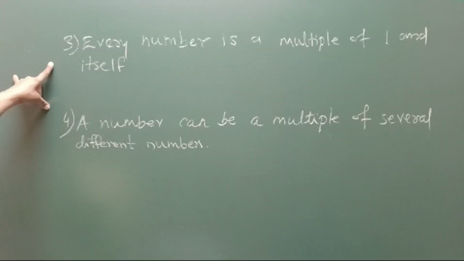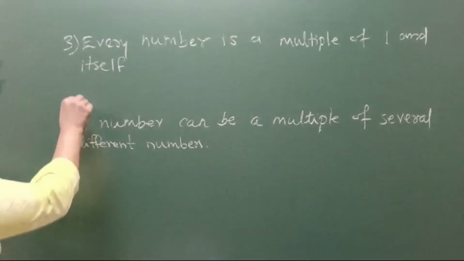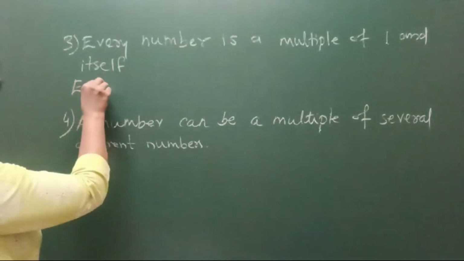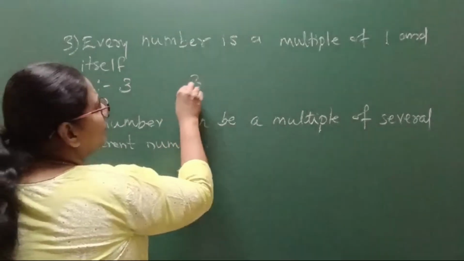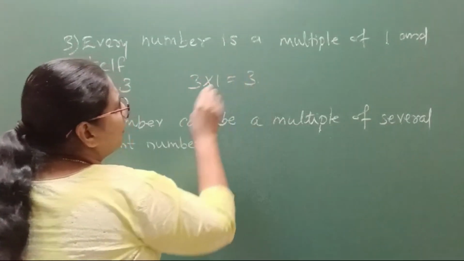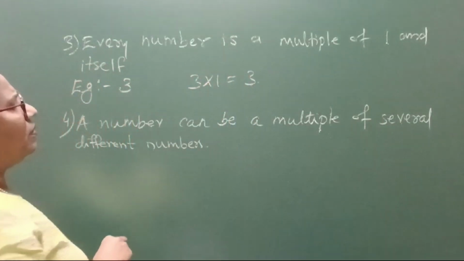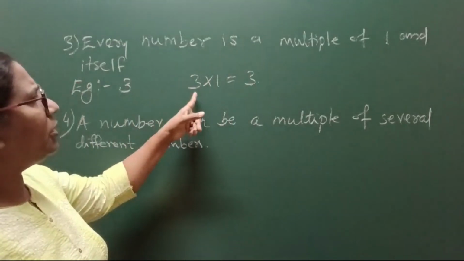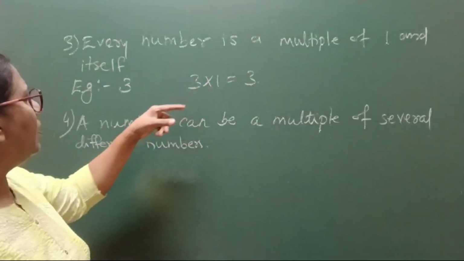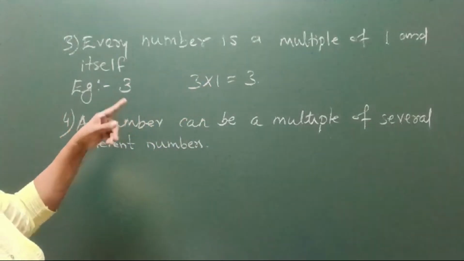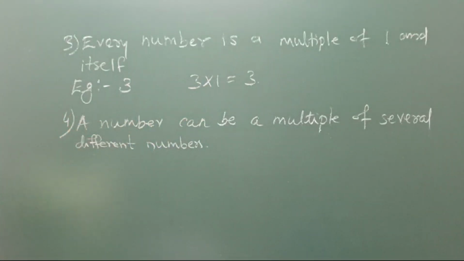Third property: every number is a multiple of 1 and itself. Example, 3. 3 into 1 is equal to 3. That is what it says here: a multiple of 1 and itself. 3 is a number and that 3 is a multiple too.